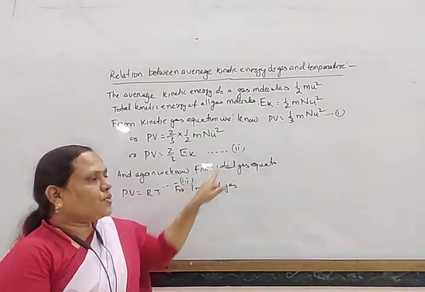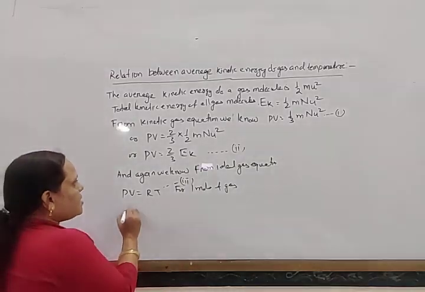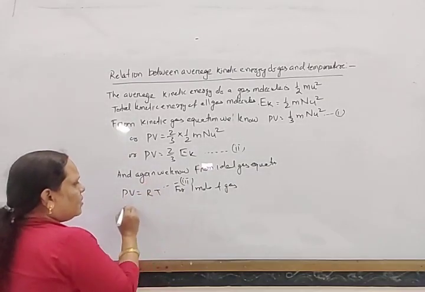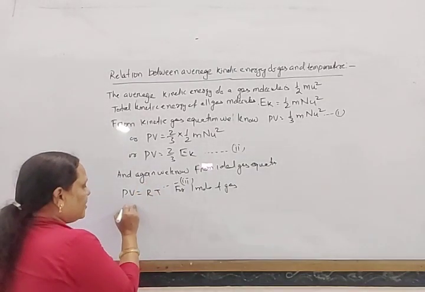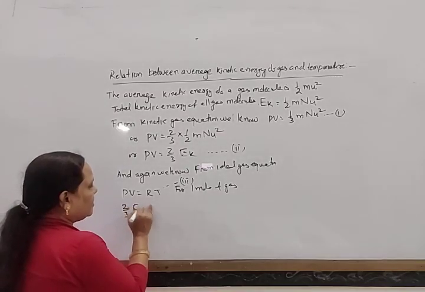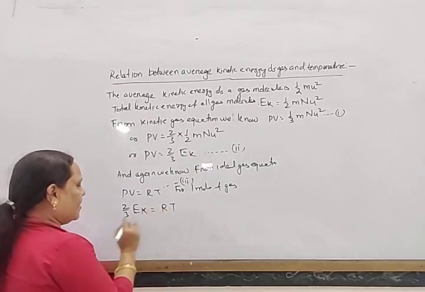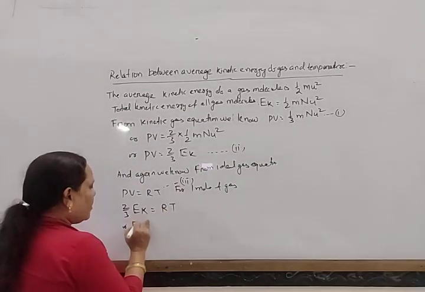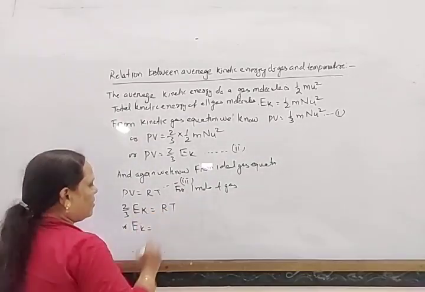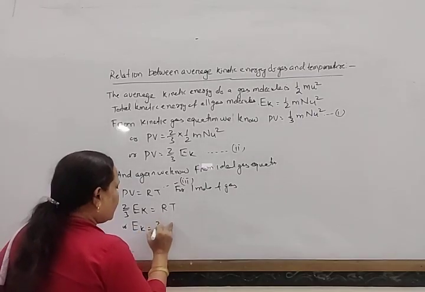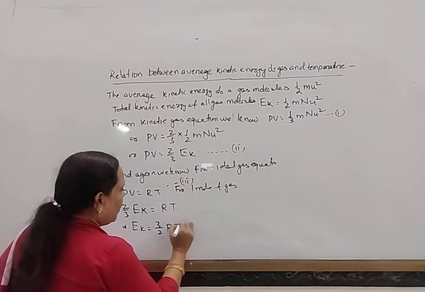So equating equations 2 and 3, what we get? We get 2 by 3 Ek is equal to RT, or Ek is equal to 3 by 2 RT.